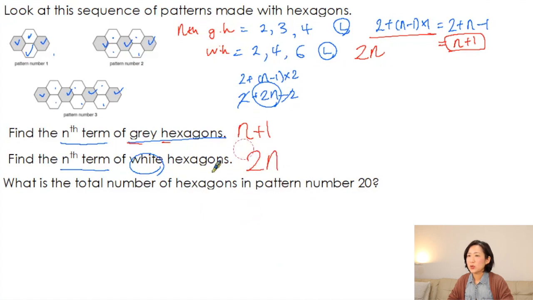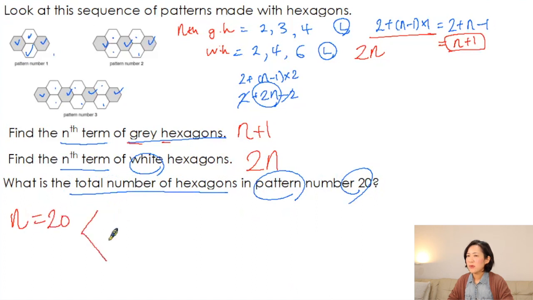Now, what is the total number of hexagons in pattern 20? We need to find the total number, right? So that means when n is 20, how many gray hexagons and how many white hexagons are there all together? Our formula for gray hexagons is n plus 1 and white hexagons is 2n.